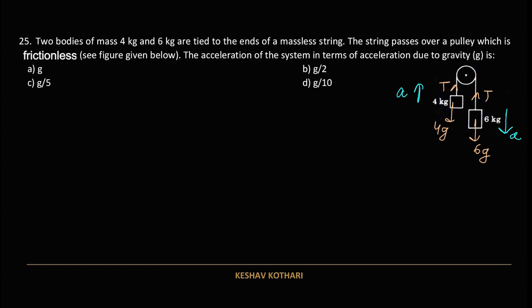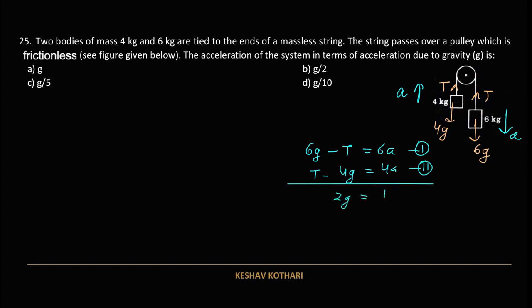So if we write individual equations, we can write it as 6g minus T is equal to 6a, and for the other one T minus 4g is equal to 4a. So we are applying F net for each block, and we can write it as 2g is equal to 10a, or a is equal to g by 5 meter per second square. So for this particular problem, option C, that is g by 5 meter per second square, is correct. Let us move to the next problem.